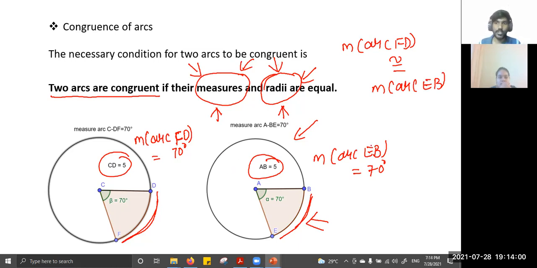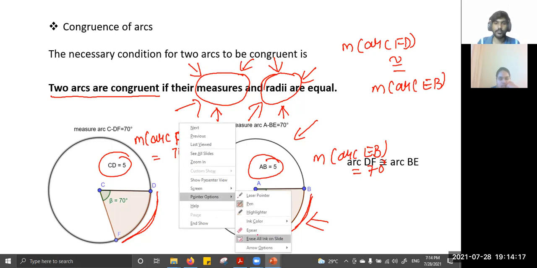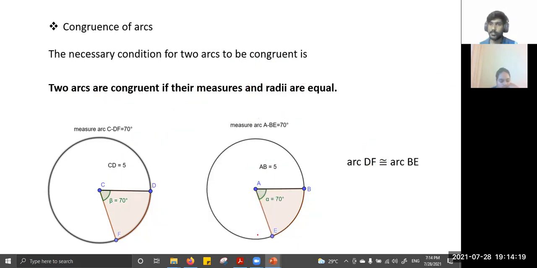So whenever a question is asked on proving or showing that two arcs are congruent, you just have to check these two things, radius and measures. If radius and measures are same, directly conclude that both the arcs are congruent to each other. Concept clear?